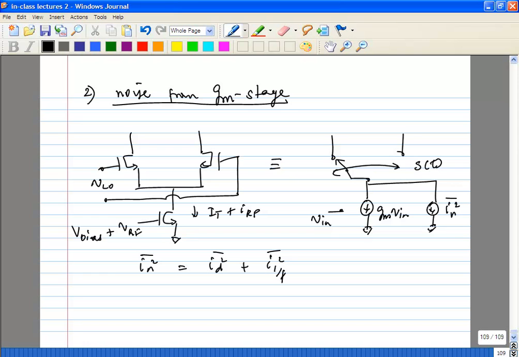We know the signal that is there in the bottom transistor gets multiplied with your S(t), so effectively it gets amplitude modulated. We know that S(t) has components at omega LO, 3 omega LO, 5 omega LO, and so on. Okay, so let's draw out the spectrum. Because it gets amplitude modulated, what you will see is you have contribution to the noise at IF from frequencies that are not around RF.